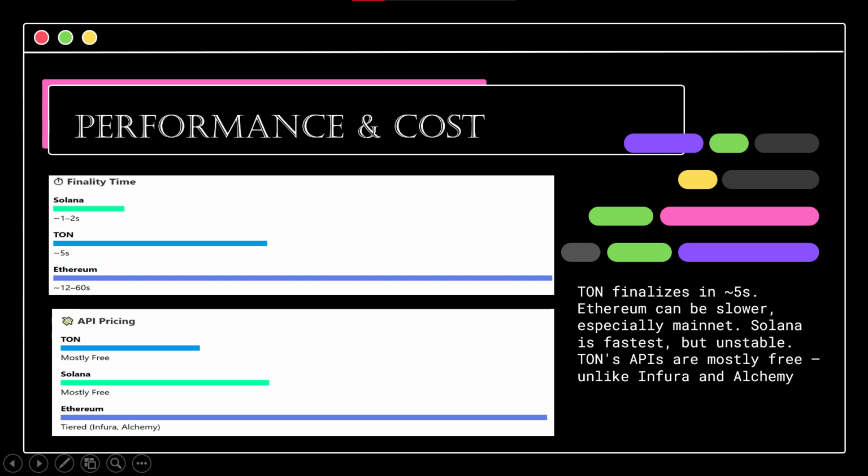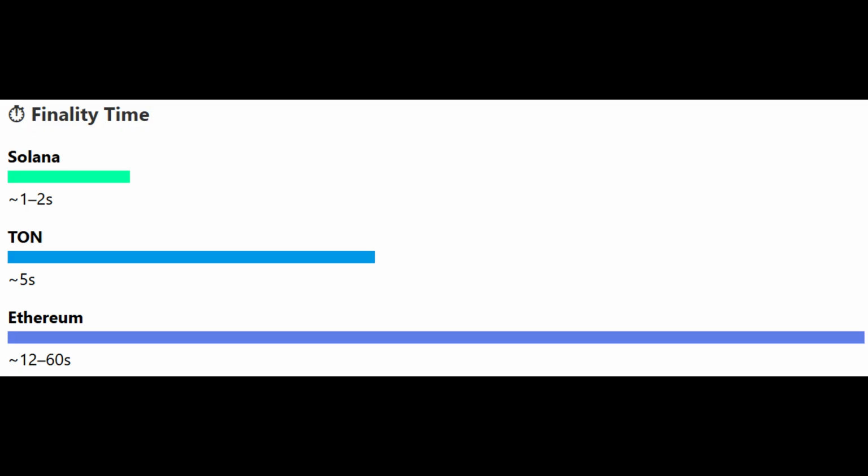Moving on, next we have performance and cost. Now we can see a picture of the finality time for every ecosystem respectively. Solana has a 1 to 2 seconds finality time, Ton 5 seconds, and Ethereum 12 to 60 seconds.